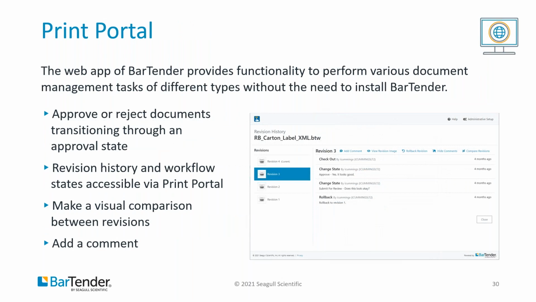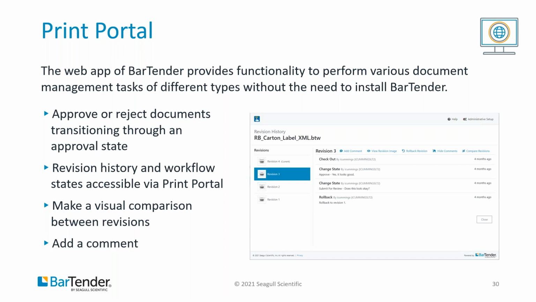Print Portal. This is the web application of BarTender, which is ordinarily used for manual label printing processes where a user will select and print labels, but also offers various document management functions: to view the history of documents, to approve or reject documents, to make visual comparison between different document revisions, and also to add comments to a document.